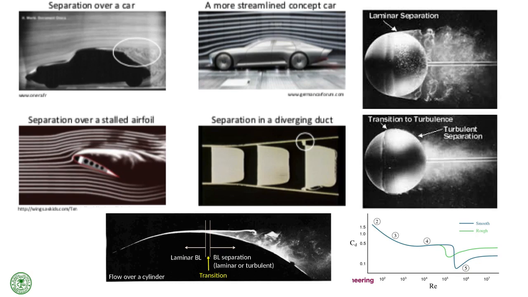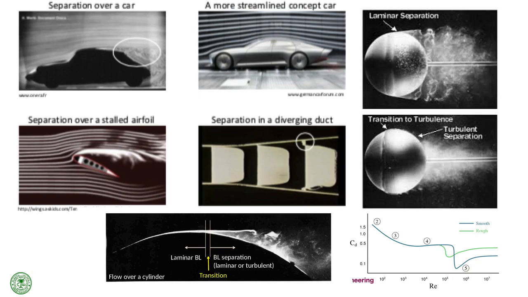So you can see an example of flow over a curved surface or a cylinder. You can see the boundary layer growing, and then it separates at this point.